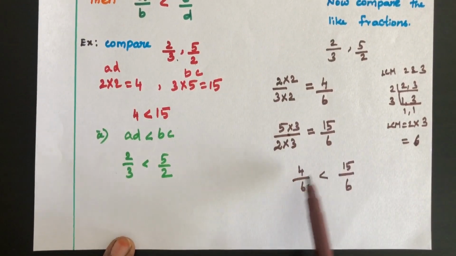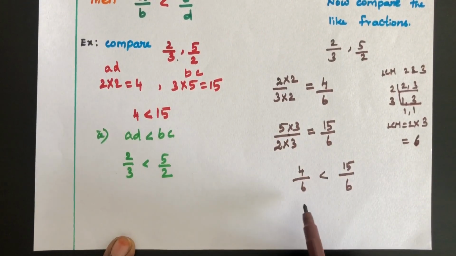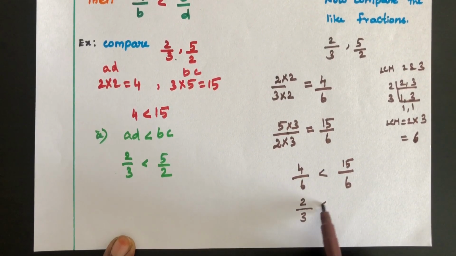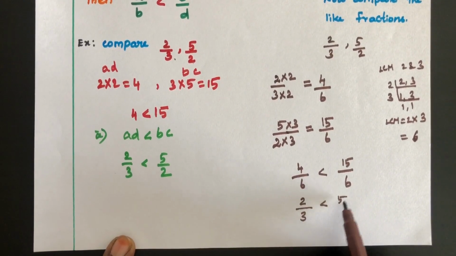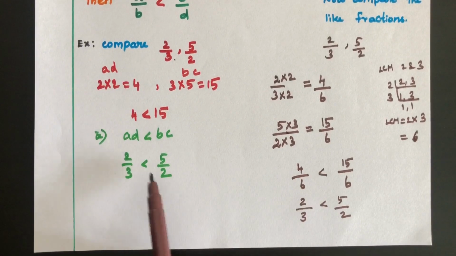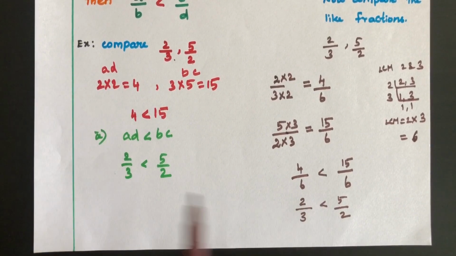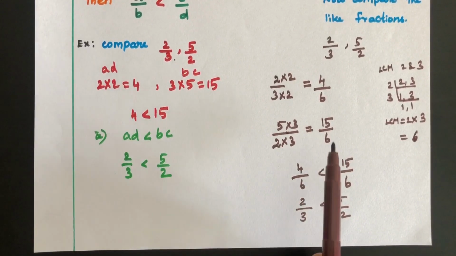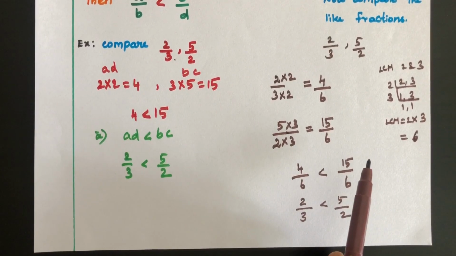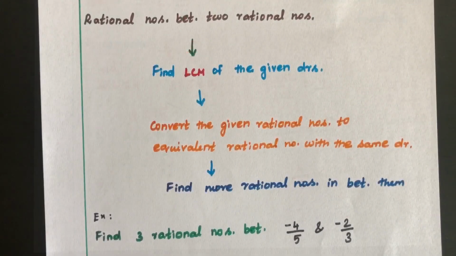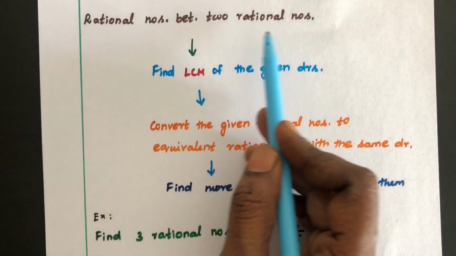The simplest form of 4 by 6 is 2 by 3. So 2 by 3 is less than 5 by 2. So ultimately we got the same answer using both methods, using cross product and using LCM of the denominators. How to find rational numbers between two rational numbers?